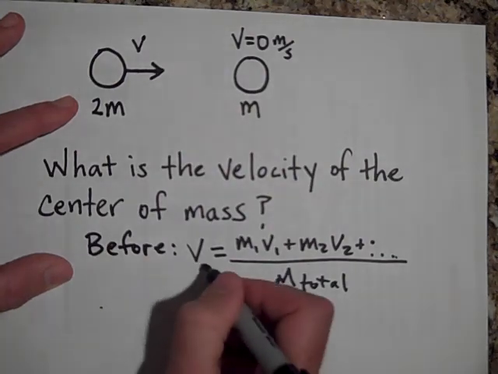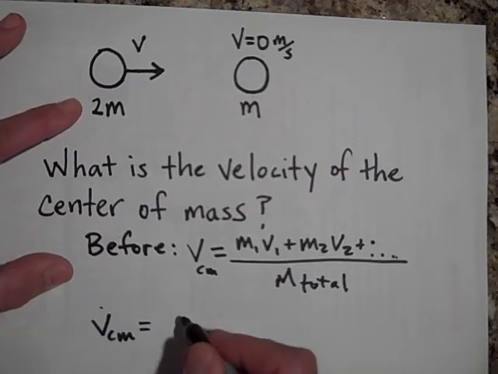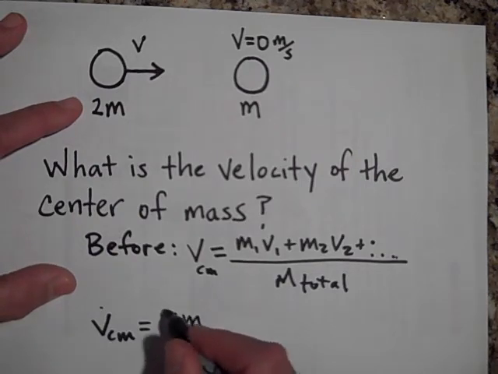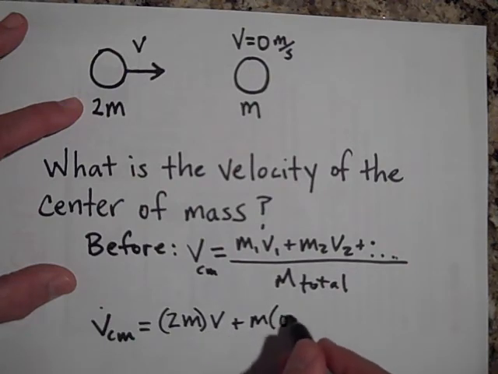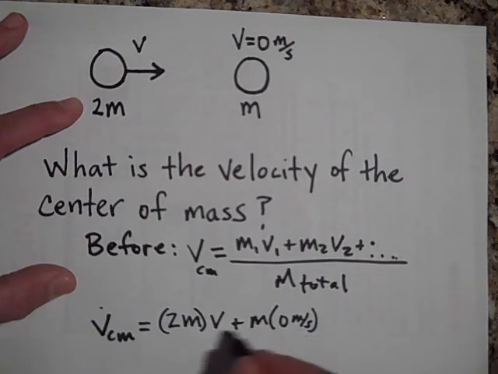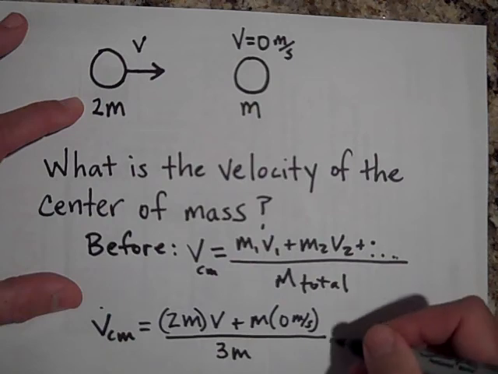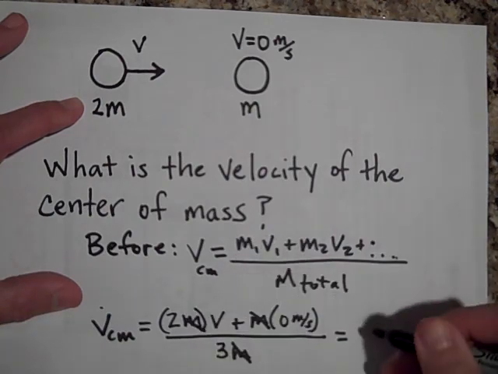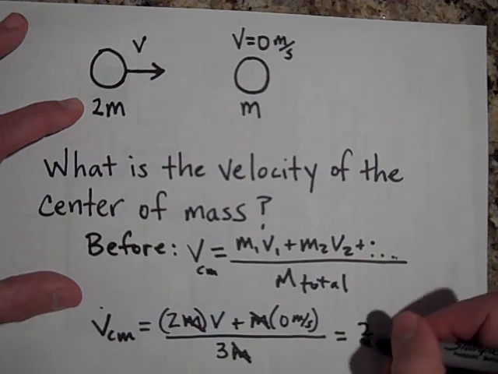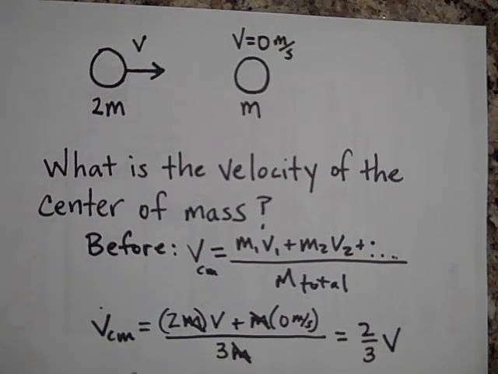So the velocity of the center of mass is going to be 2m times v plus m times 0 meters per second, all over 3m. The m's cancel, and that's going to be 2/3 v. So the velocity of the center of mass is not v, it's just 2/3 v.